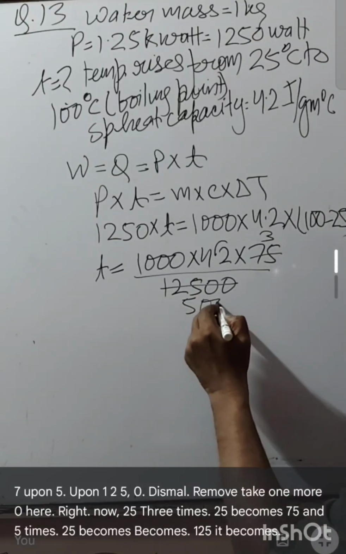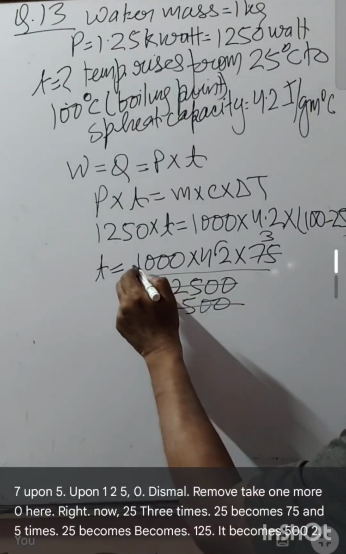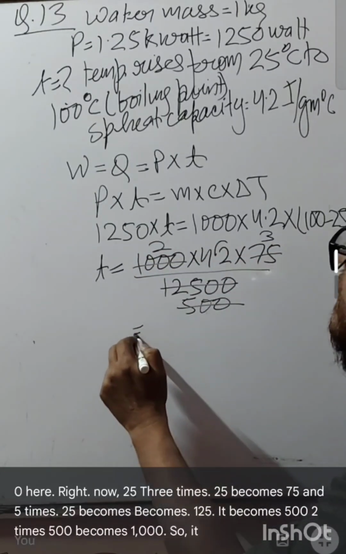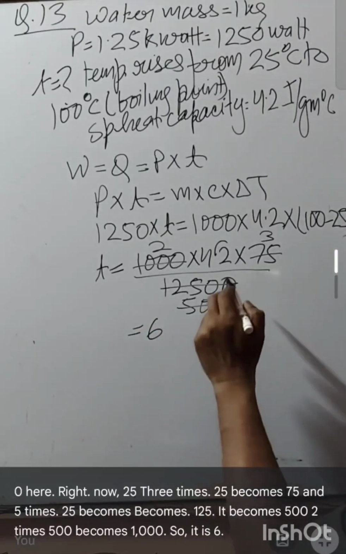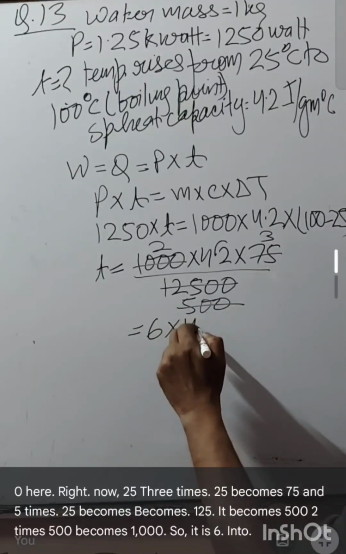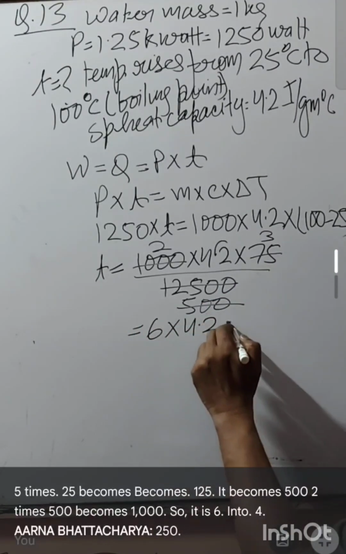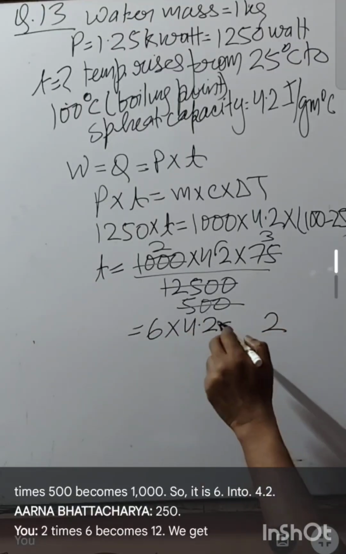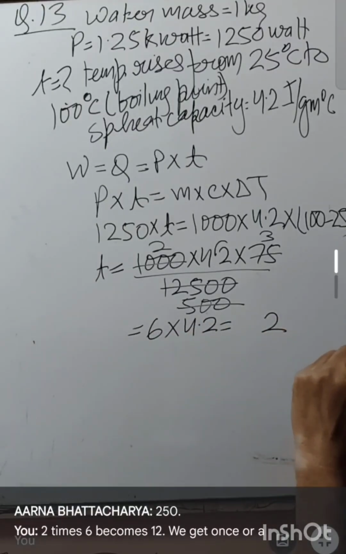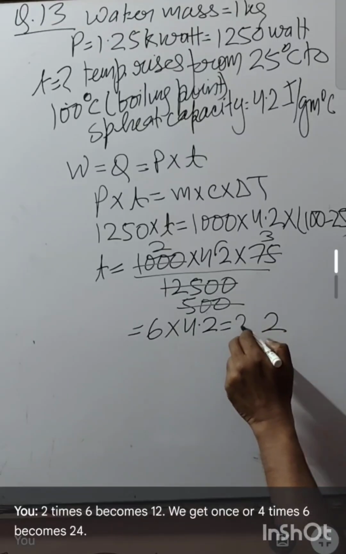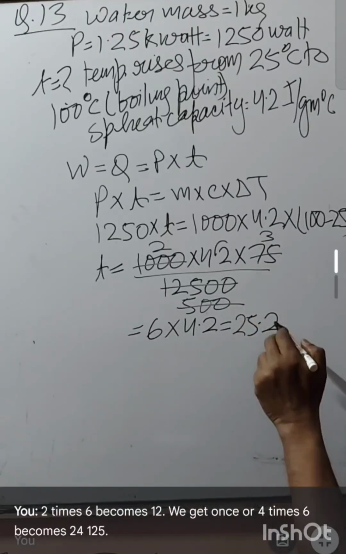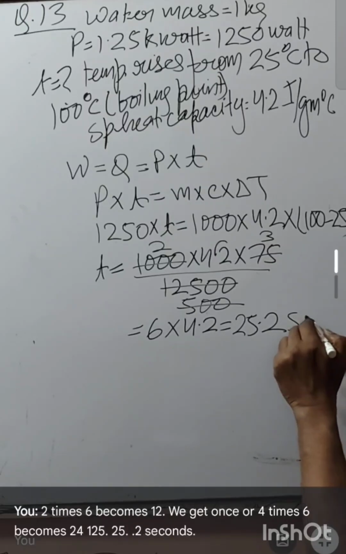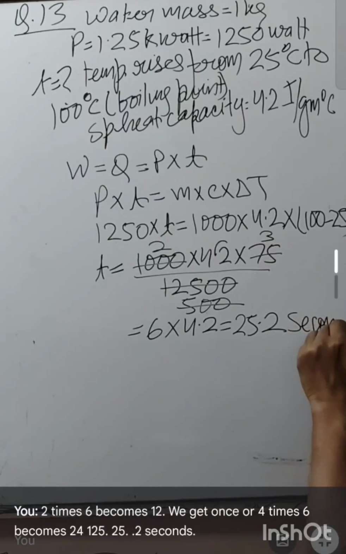We get 6 into 4.2, which is 25.2 seconds. Is this right?